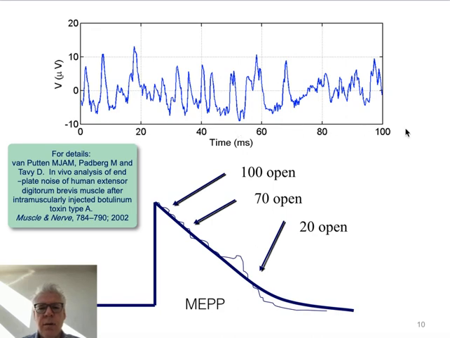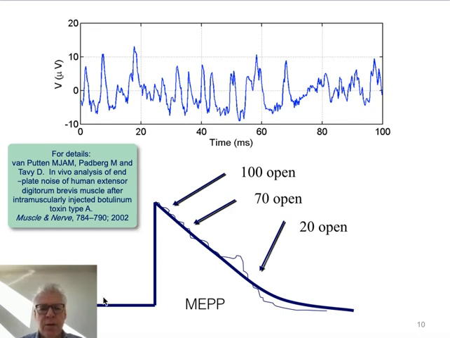So this is time in milliseconds, and this is the voltage in microvolts. Please note that this is an extracellular recording, so the deflection is not as large as you would observe when you measure in the myocyte. But you do see these quite characteristic changes in the extracellular potential, essentially reflecting miniature end plate potentials of the receiving myocyte.